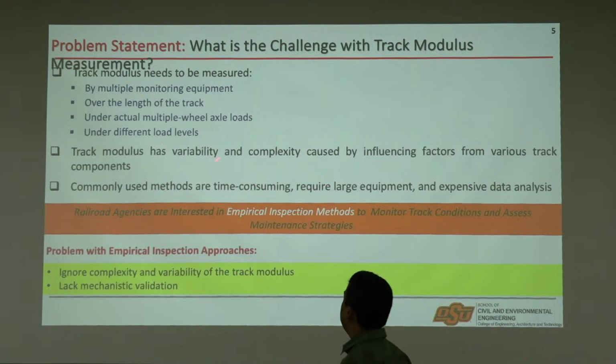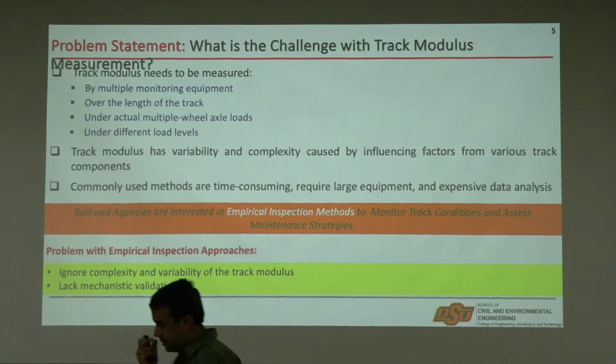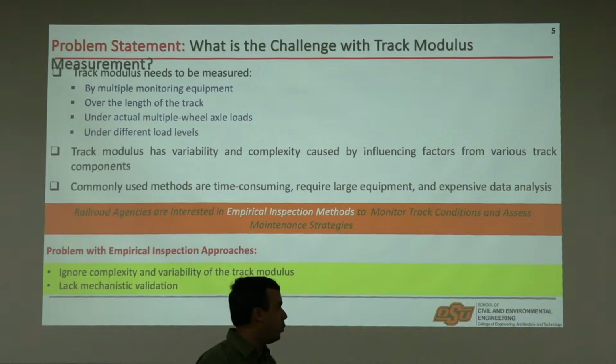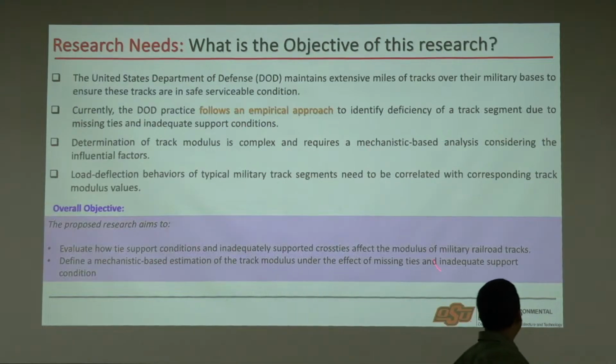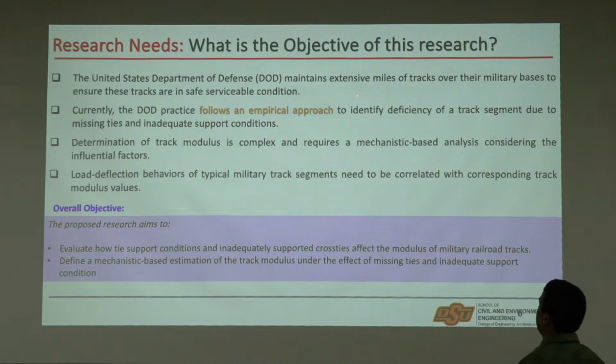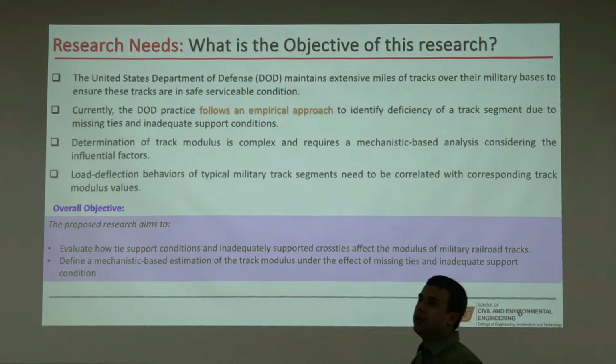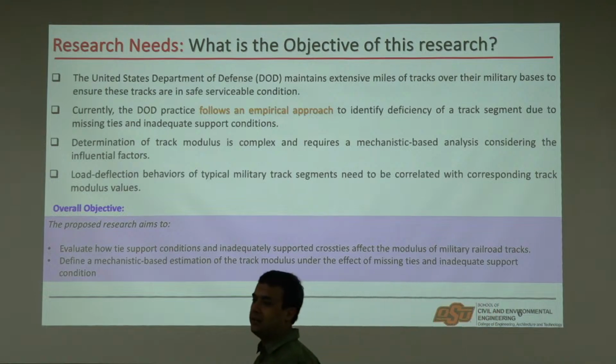And modulus is an indicator of the quality of the track. This is a project I currently have with the Department of Defense, the Army Corps of Engineers, because they have certain maintenance standards.